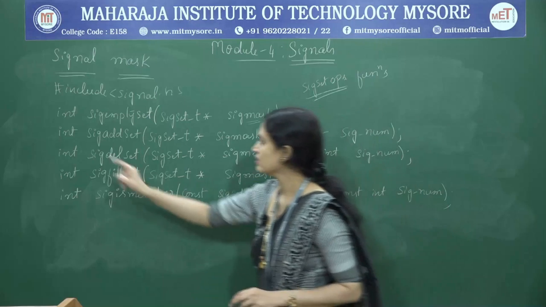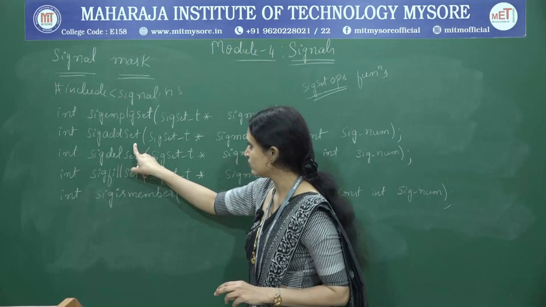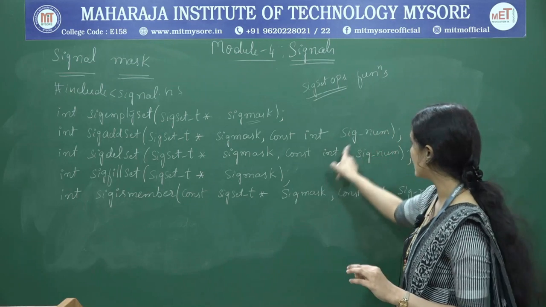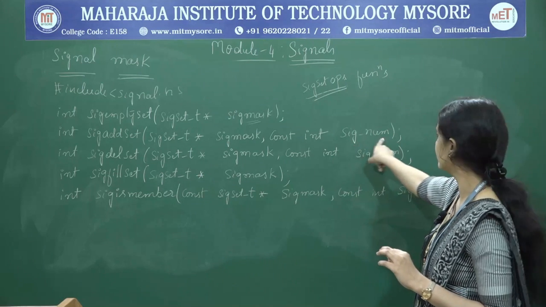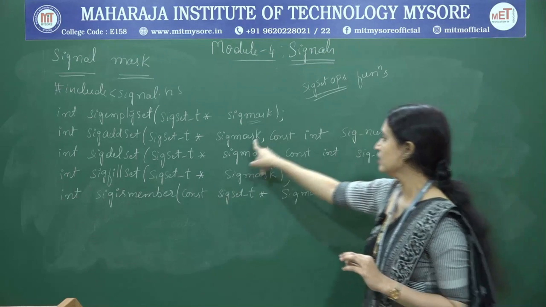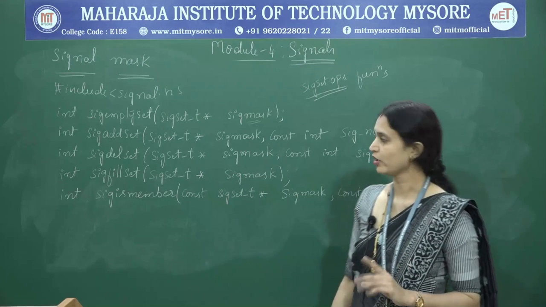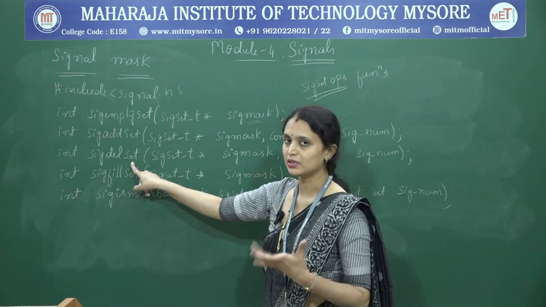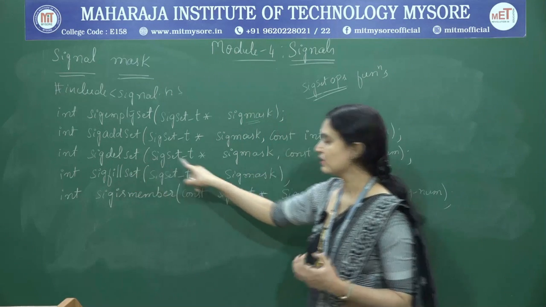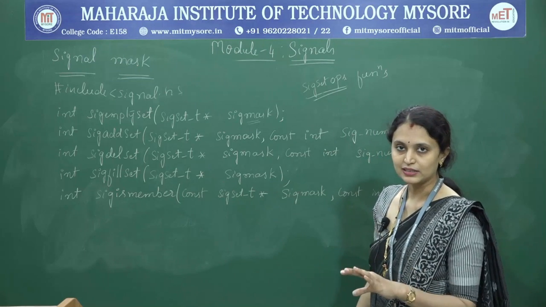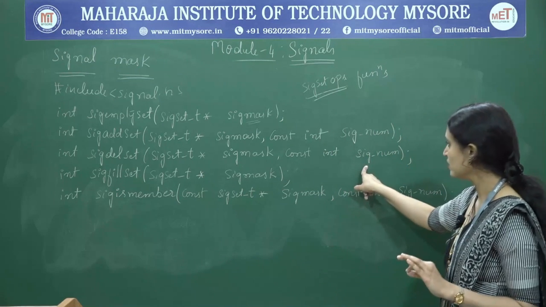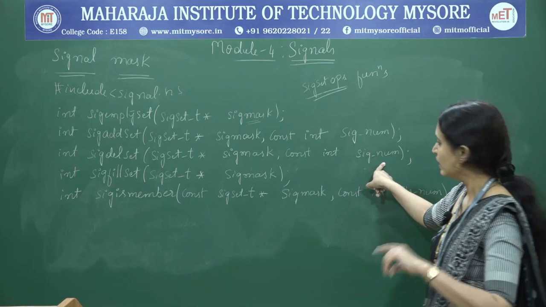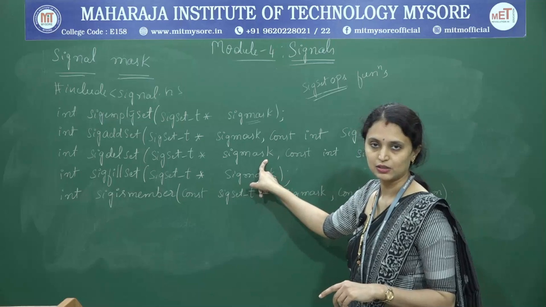The second one, sigaddset. This will set the flags corresponding to the signal with the number signum in the signal mask. And next one, sigdelset. Name itself says, that means it clears the flags corresponding to the signal with the number signum in the signal mask.